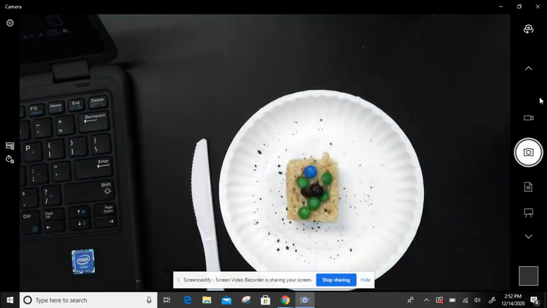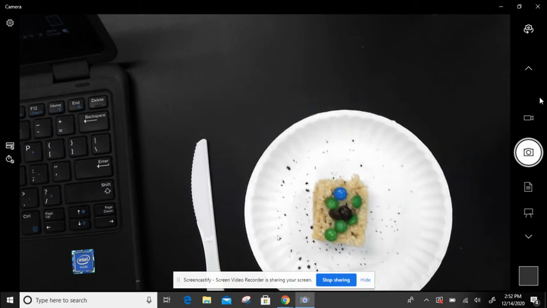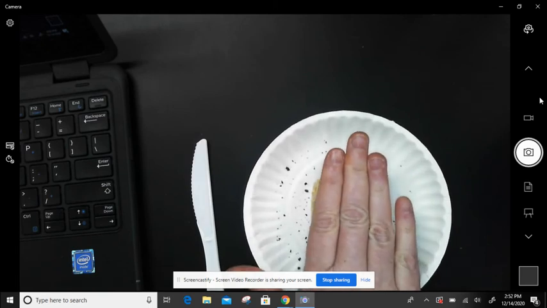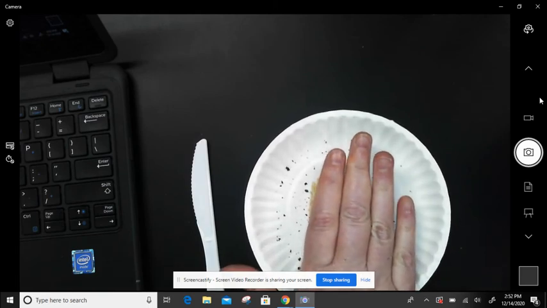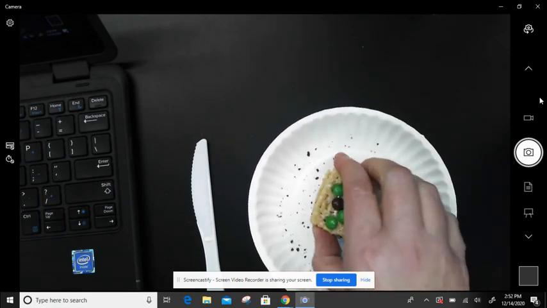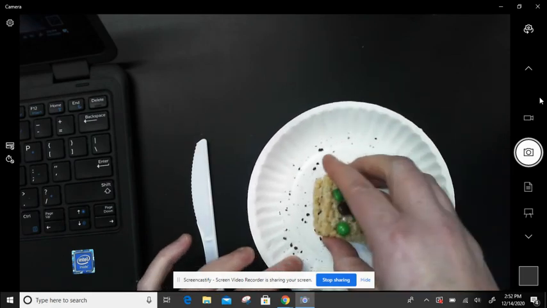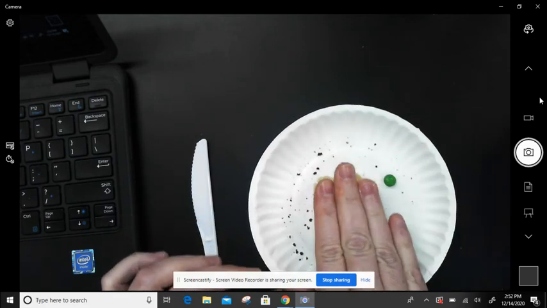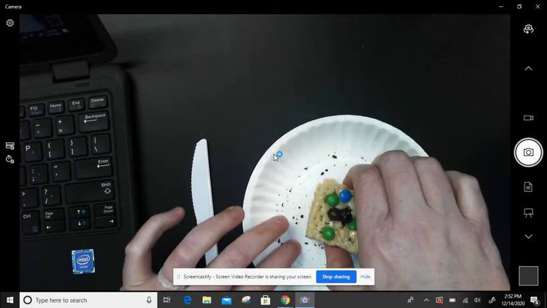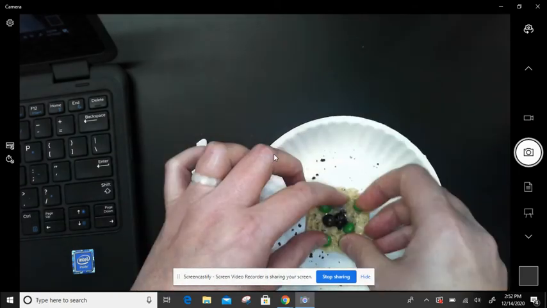So, in order to become a rock, it needs to have compaction and cementation. So, compaction is going to happen when I am pushing down with my fingers on everything and it's kind of gotten flattened out. And so now, instead of being two layers and some loose powder and some loose candies, it's kind of all together here.